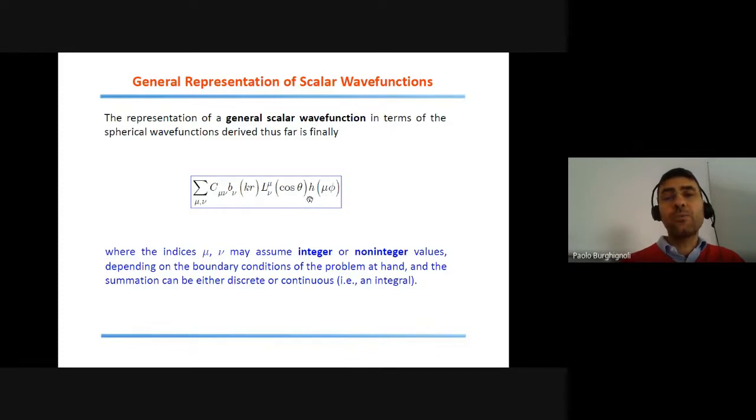And finally, the phi dependence is described by the usual trigonometric or exponential functions. Here we have undetermined coefficients C, which can be derived considering the boundary conditions of the problem at hand. So they depend on the specific problem you are trying to solve.